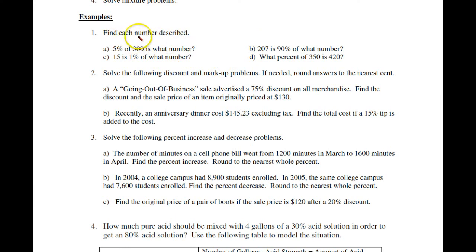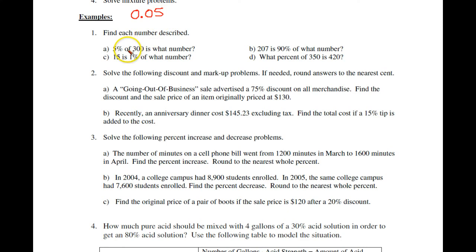So find each number described, 5%. The first thing we have to do is convert 5% to its decimal form. And hopefully you know how to do that.